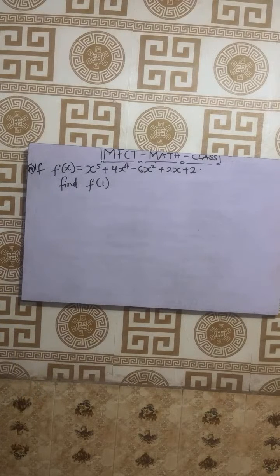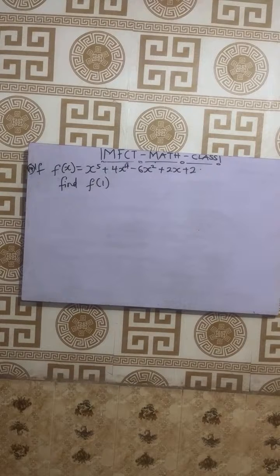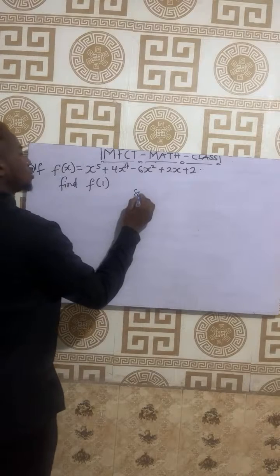Let's look at the question. The question is, if f of x is x raised to power 5 plus 4x raised to power 4 minus 6x squared plus 2x plus 2. Find f of 1. Guys, whenever you have this type of question, look at this step, just write solution.